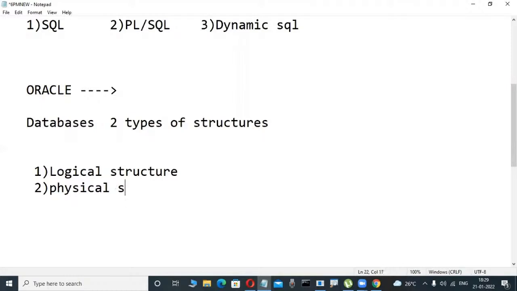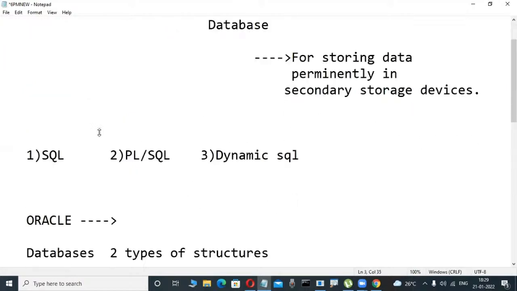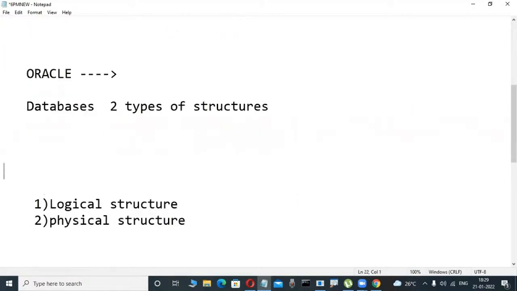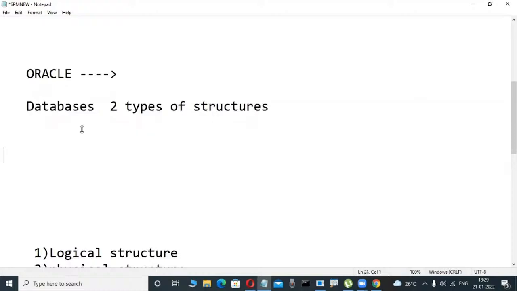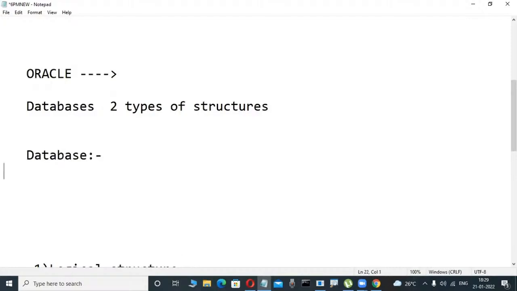Before we tell what the logical and the physical structure are in every database software, just the database definition in books, so many fellows are writing like this. Today at least you will understand what a database is. Anybody observing in Google or in books, it is a place, don't forget it.